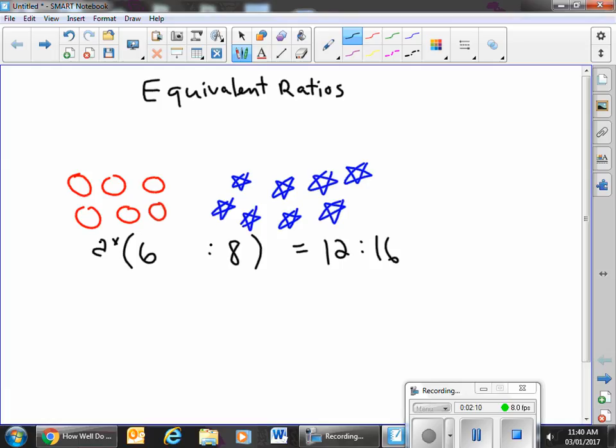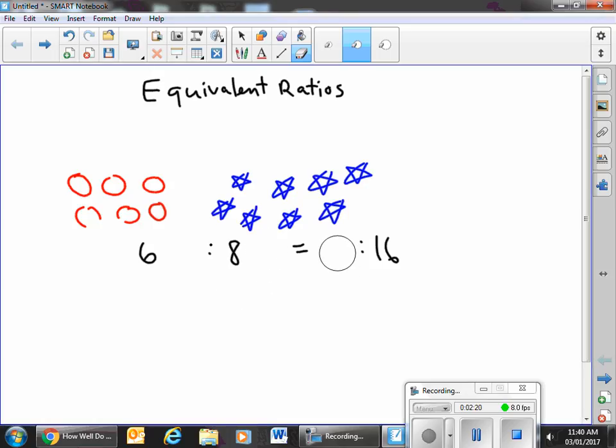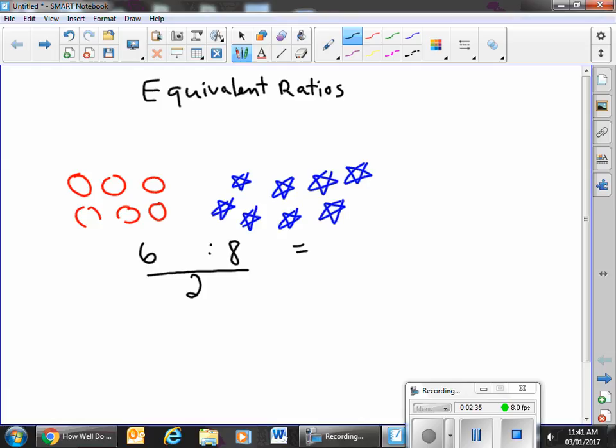That is perfectly acceptable. But we can also divide. We can actually divide in this case because we can find a number that is a common factor between both 6 and 8. And in that case, the number would be 2.